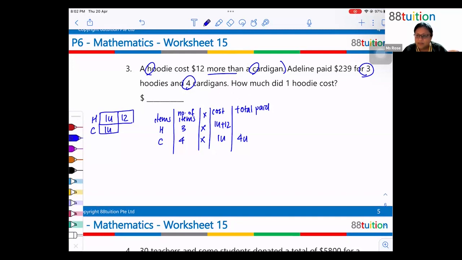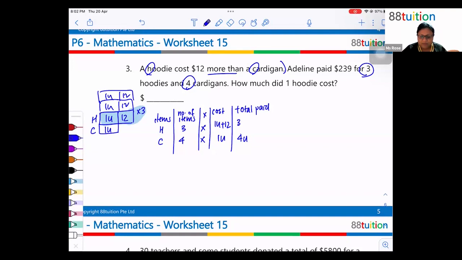So I will continue with this, whereby how do I multiply 3 times 1 unit plus 12? Remember, what I'm doing is actually multiply this whole thing by 3, right?